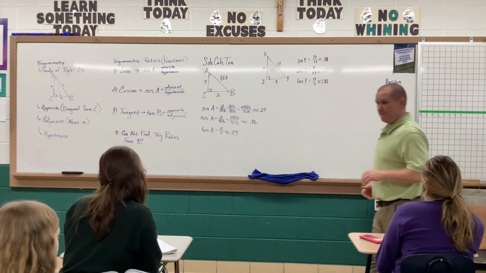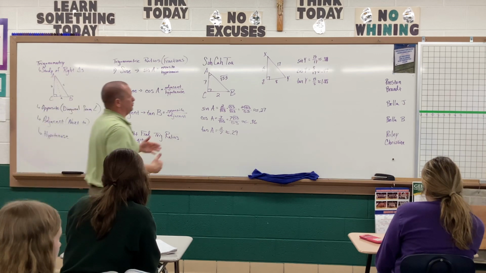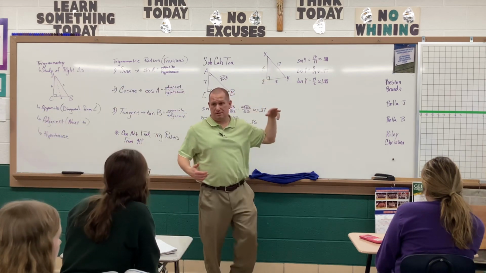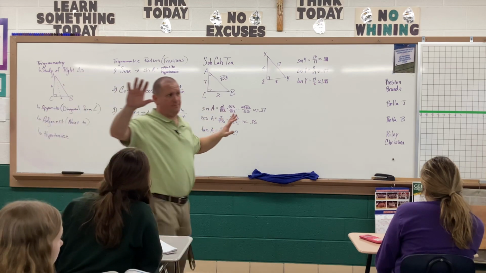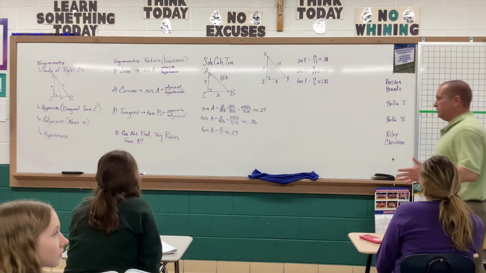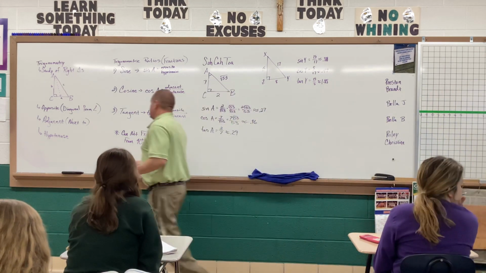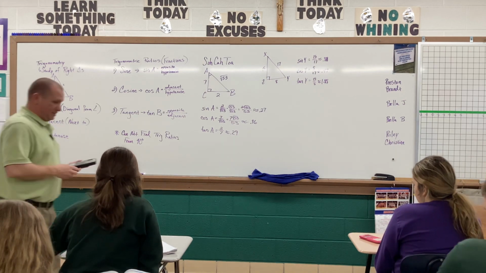Okay? Alright, questions. So again, this is not giving you any of the degree measures, right? We don't know what they are, they're just telling us that it's an angle. Alright? So this is where everybody was like, well, I always want to use my calculator, right? So get your calculator out. The first thing that you got to do is go to mode, I believe.